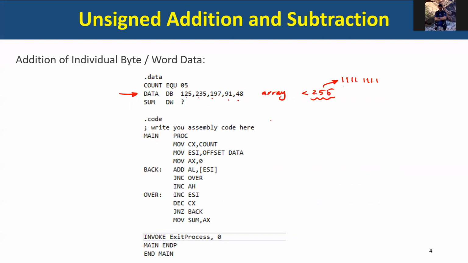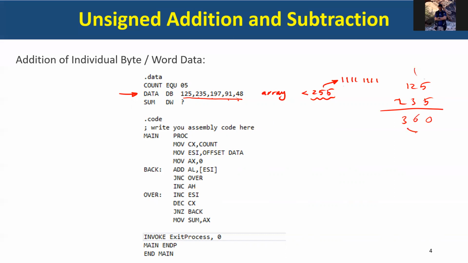So in that example here, we're going to add all these numbers together. But the problem is when you add, for example, 125 and 235, the result is 360.